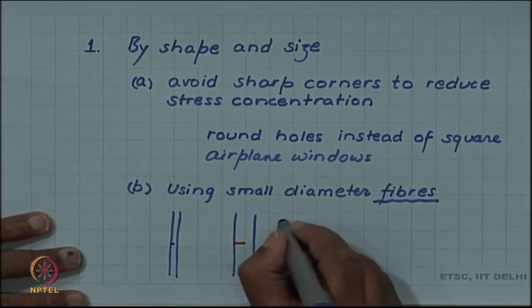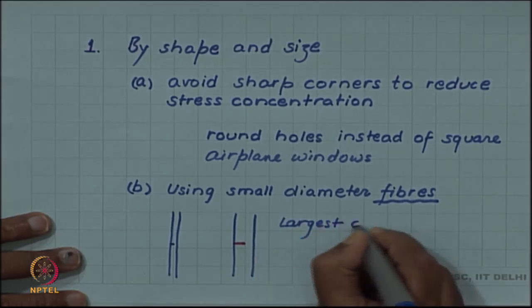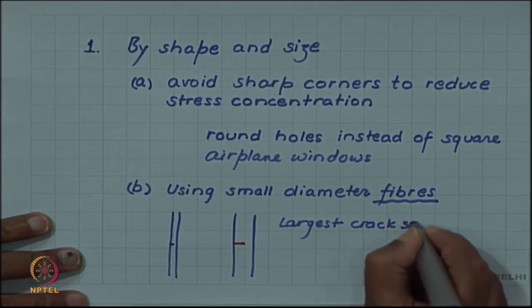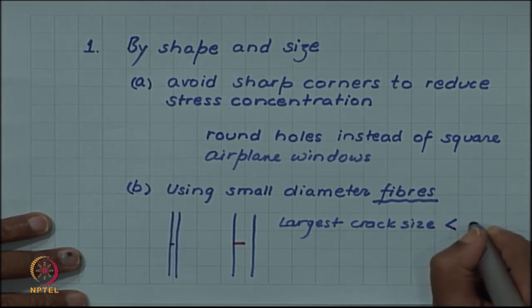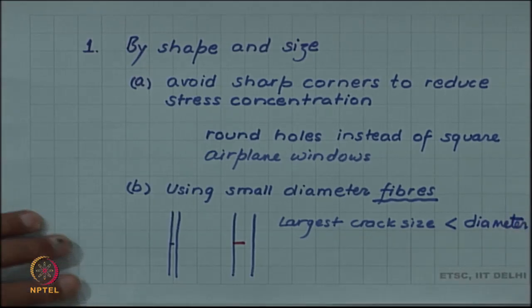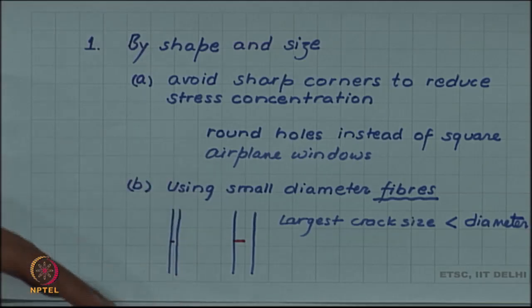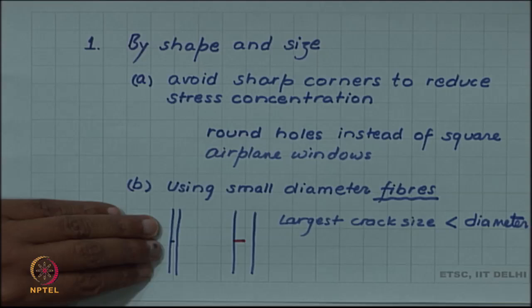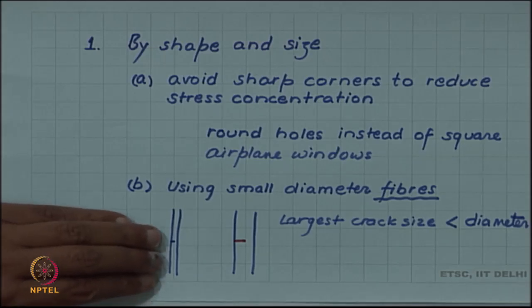In fact, the largest crack size cannot be larger than the diameter. So the largest crack size has to be less than the diameter. This itself enhances the possibility of resisting fracture, because thinner fibers, by virtue of their small diameter, are ensured to have no crack larger than the diameter of the fiber.